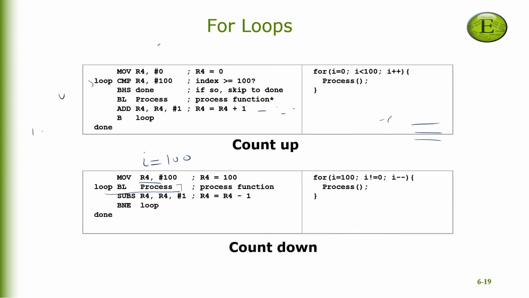So it says that go and execute the body of the loop, which is actually the process, and then return to the next instruction. That is going to decrement the loop variable, that is I equals I minus 1. And then the check condition BNE. Remember, we haven't used any compare instruction over here. And what is the reason?